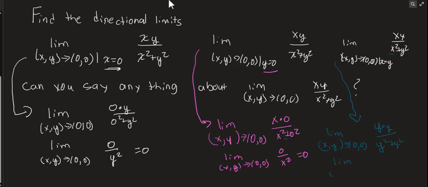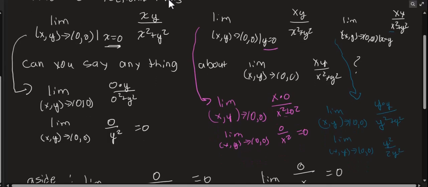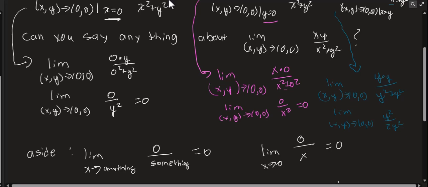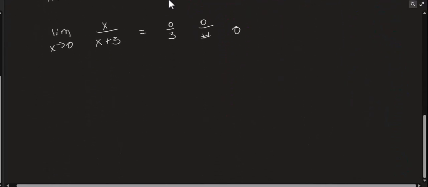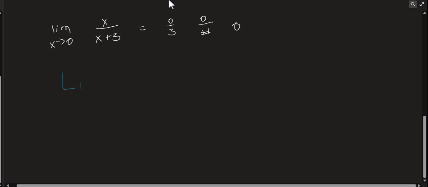That gets me the limit of y squared over 2y squared. The y squareds cancel, and I get the limit of 1 over 2, which is 1/2, which does not equal 0. And so what we can say is that the limit does not exist.